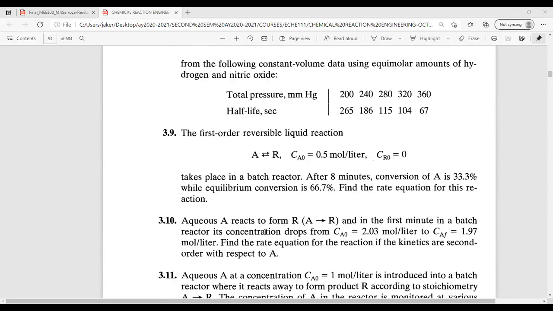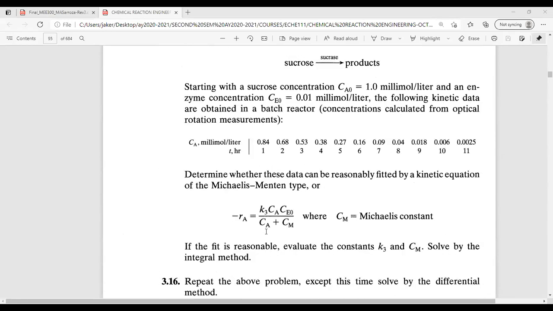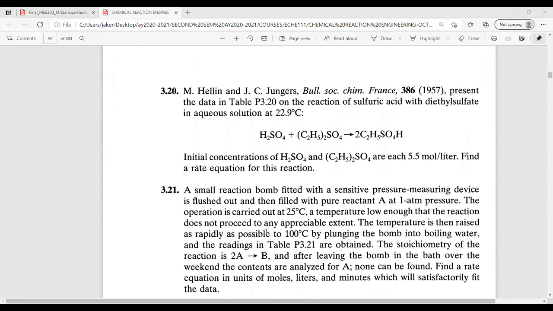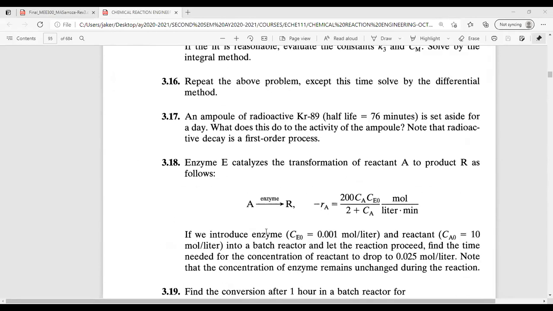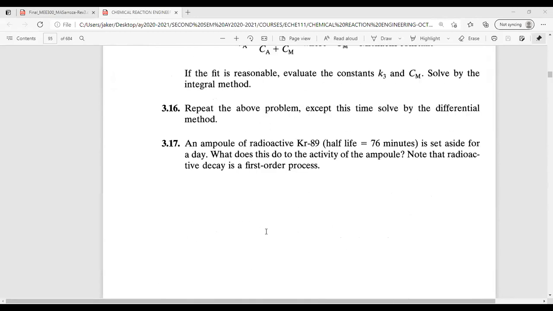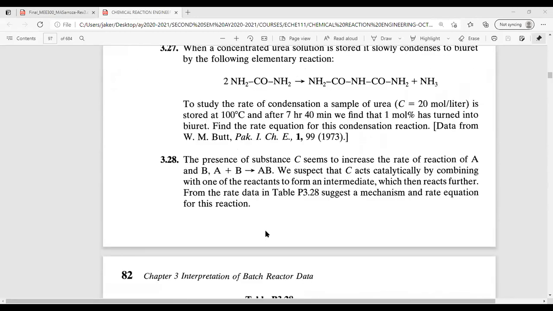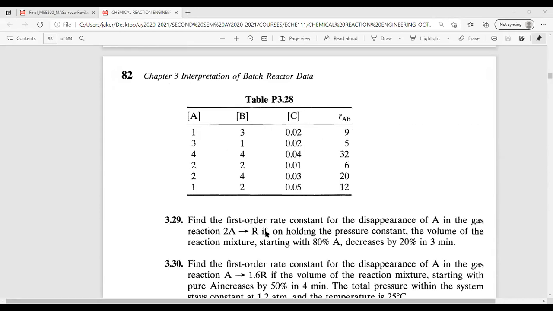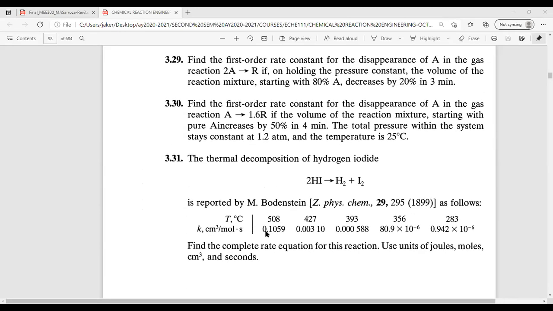So we look for a problem. I think I have already used it previously, but I forgot the solution because it's varying volume. Okay, I think here we are.